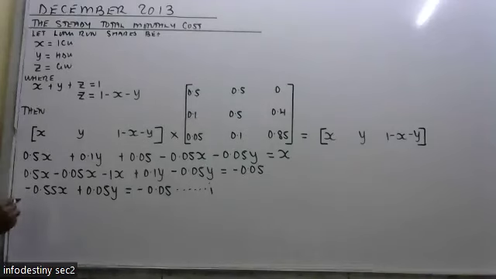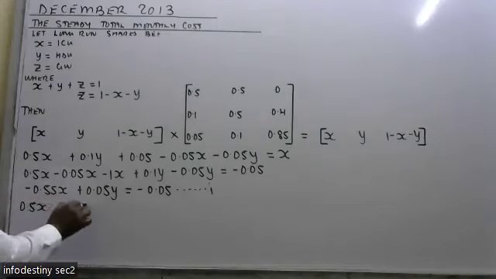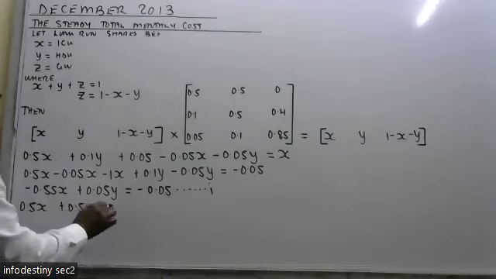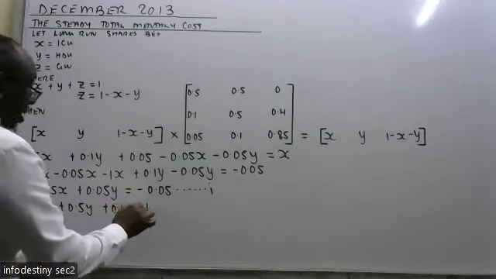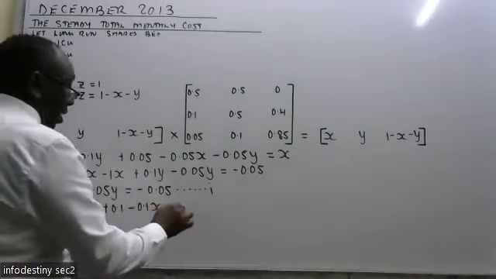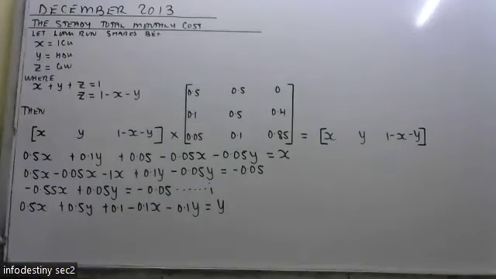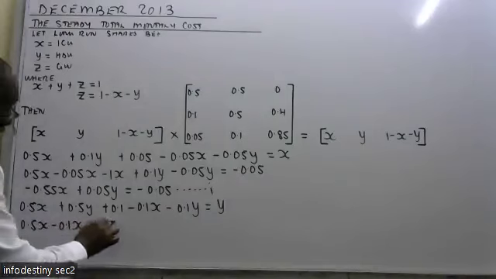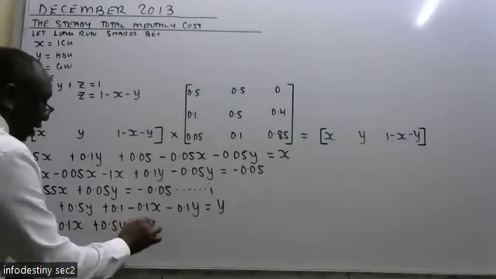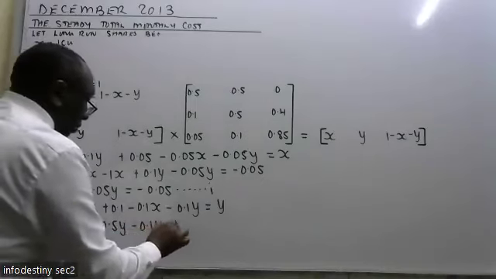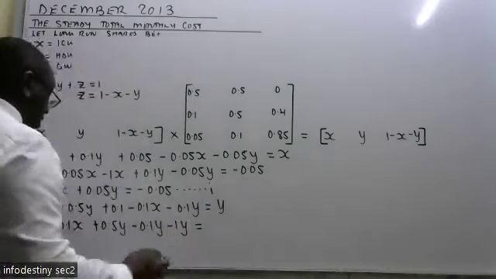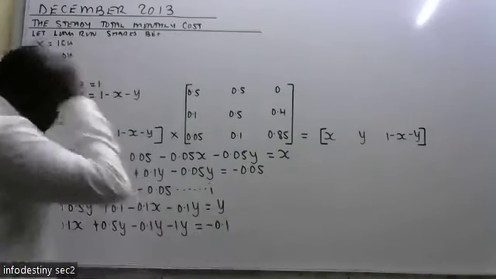So this one, again, you should have said 0.5x plus 0.5y plus 0.1 minus 0.1x minus 0.1y should be equal to y. So 0.5x minus 0.1x plus 0.5y minus 0.1y minus 1y should be equal to minus 0.1.